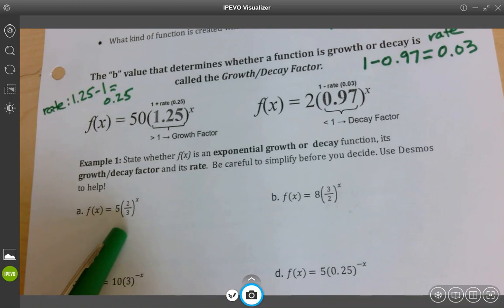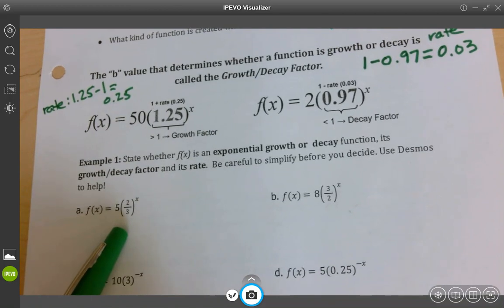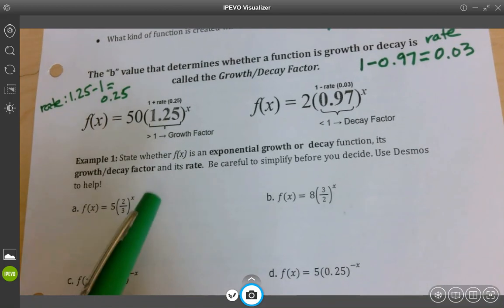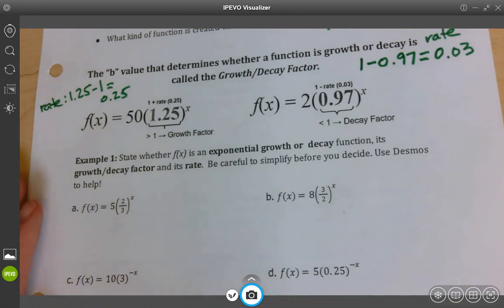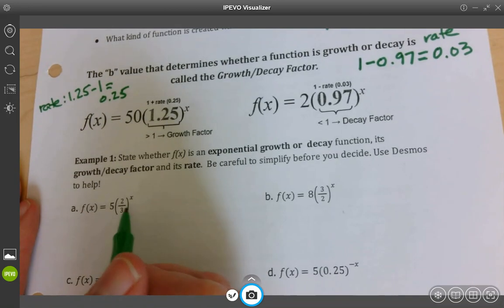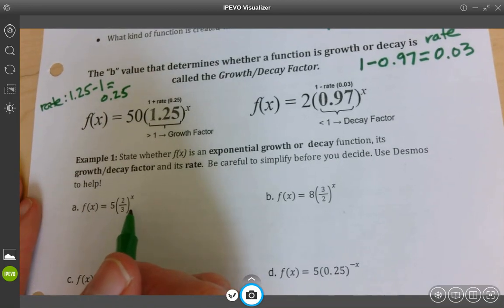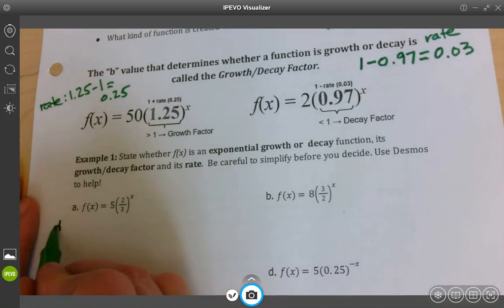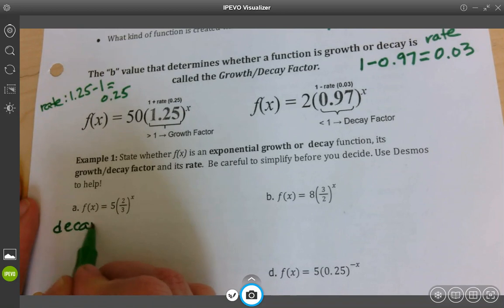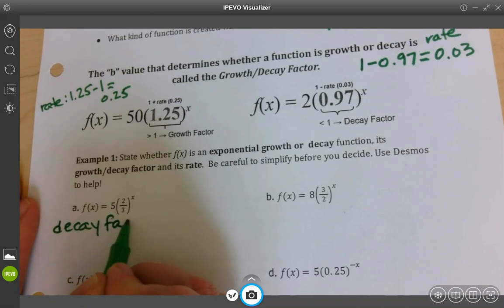Is 2/3 the B value that we're looking at? Okay, it is. So 2/3 is between 0 and 1. So would that be a growth or a decay? Decay. So we're going to say that the decay factor is 2/3.